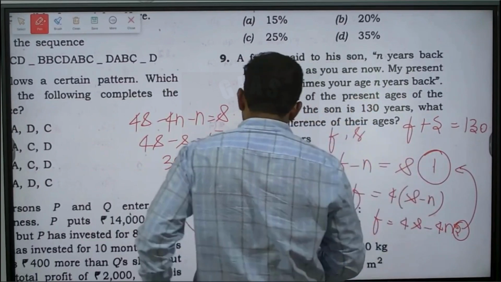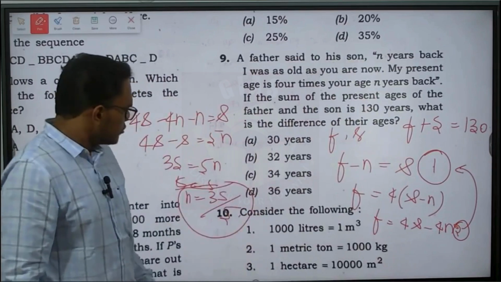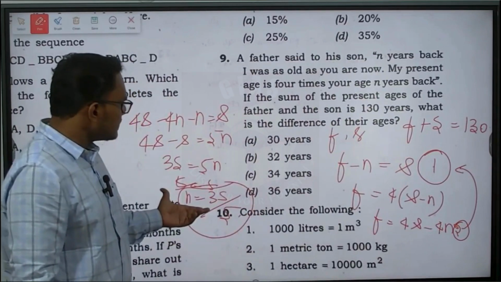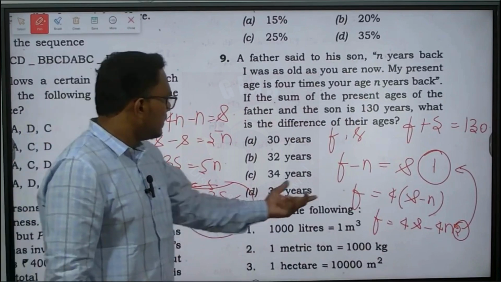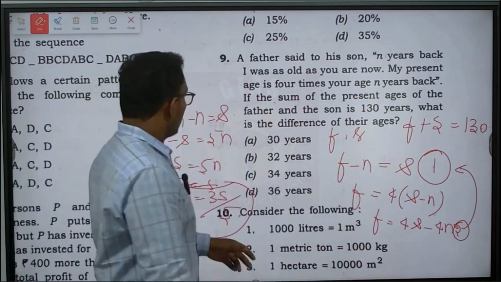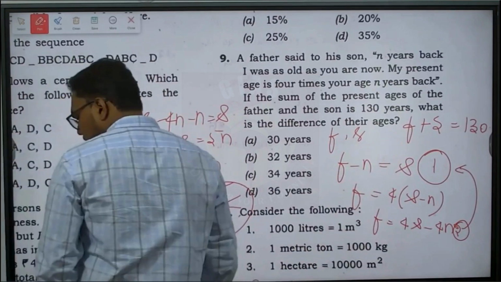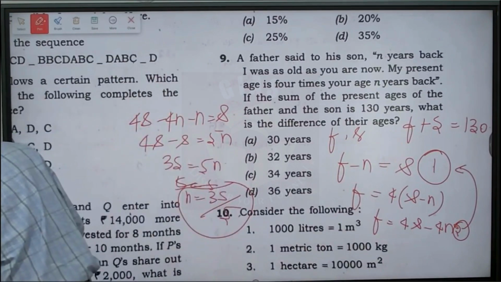So now what you have to do is, again you have three variables. You have n, s and f. So first you have to replace this n here and write f in terms of s. Your n is 3s by 5.